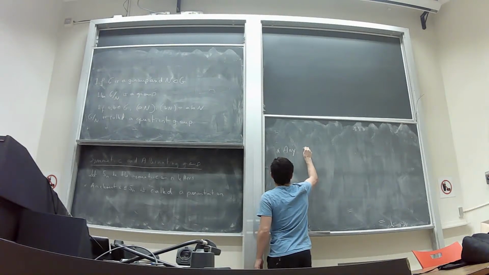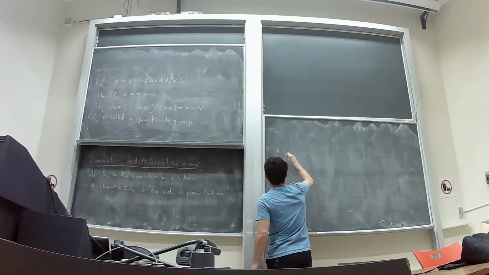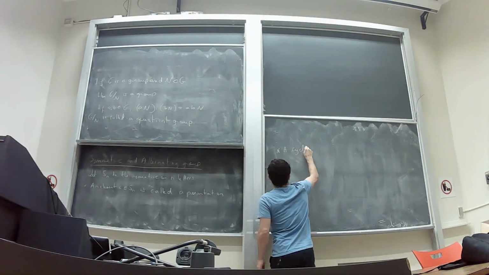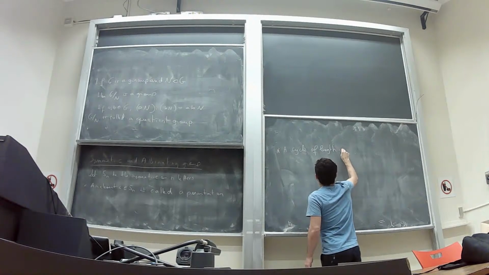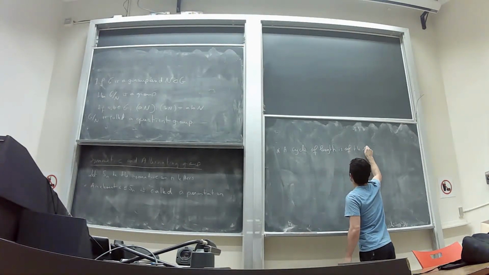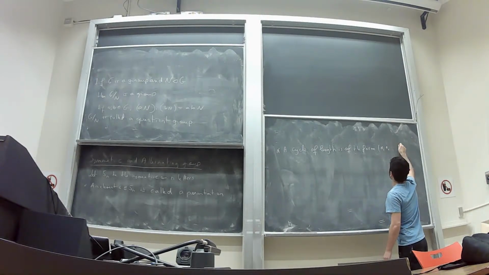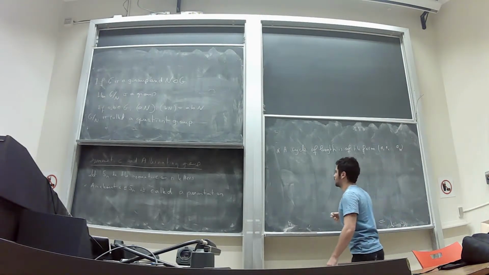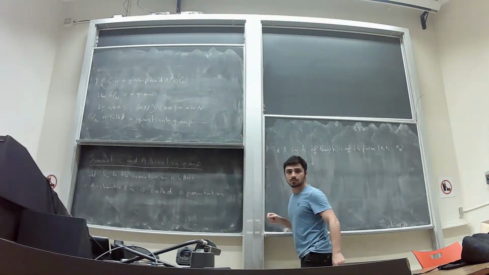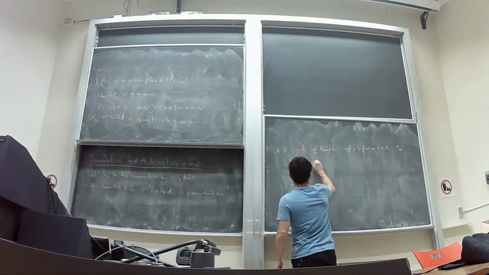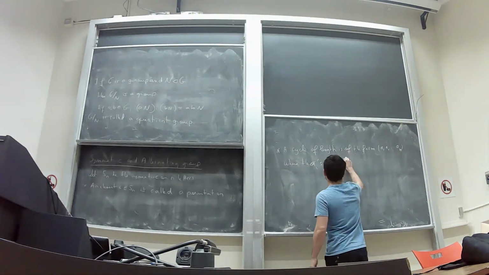A cycle of length k is of the form (a1 a2 up to ak), where the a_i are distinct.